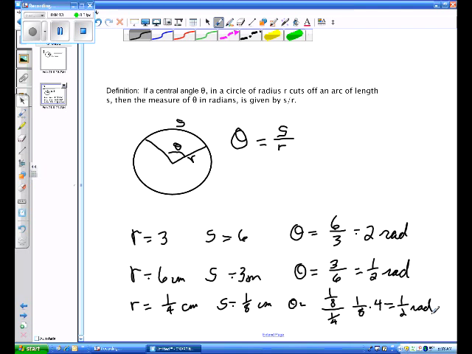And so we're going to measure our angle based upon the radius and the arc that's cut.